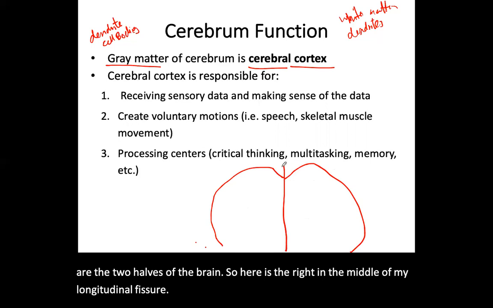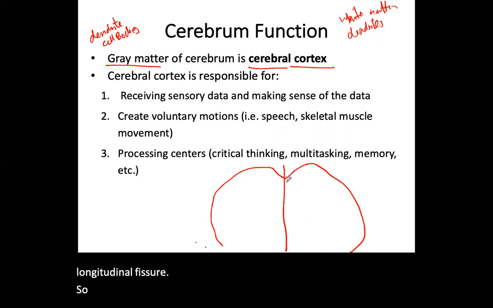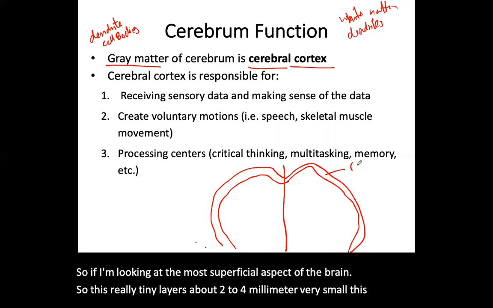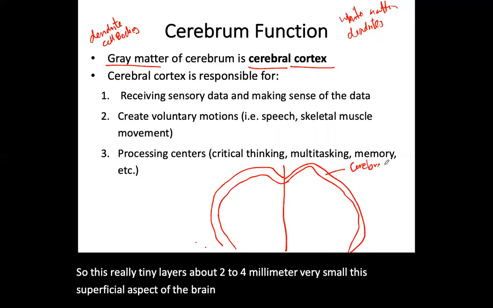So if I'm looking at the most superficial aspect of the brain, this really tiny layer, which is about 2 to 4 millimeters, very small, this superficial aspect of the brain is called the cerebral cortex.